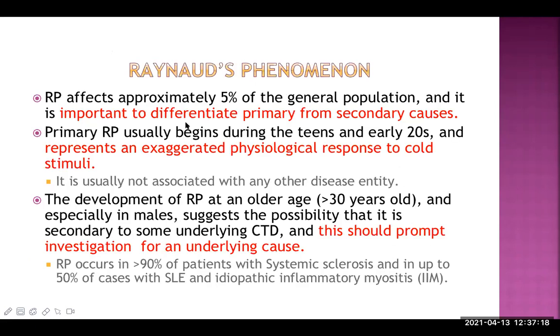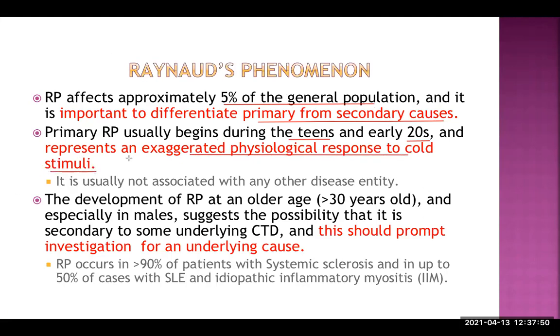Now, Raynaud phenomena affects approximately 5% of the general population, and it is important to differentiate primary from secondary causes. So sometimes it occurs on its own. Sometimes there are some secondary causes for that. Primary Raynaud phenomena usually begins during the teenage years and early 20s, and it represents an exaggerated physiological response to cold stimuli.